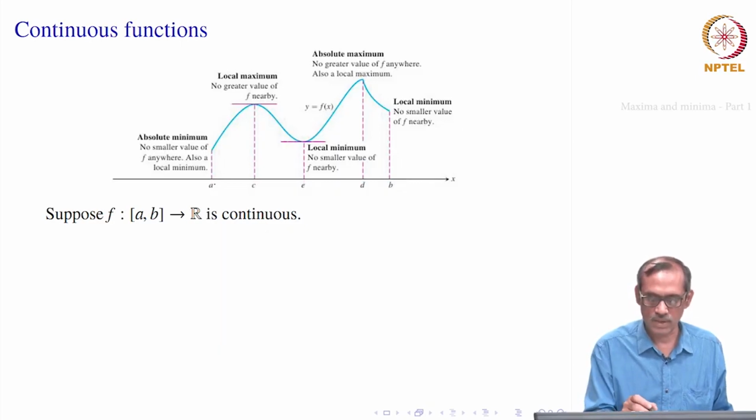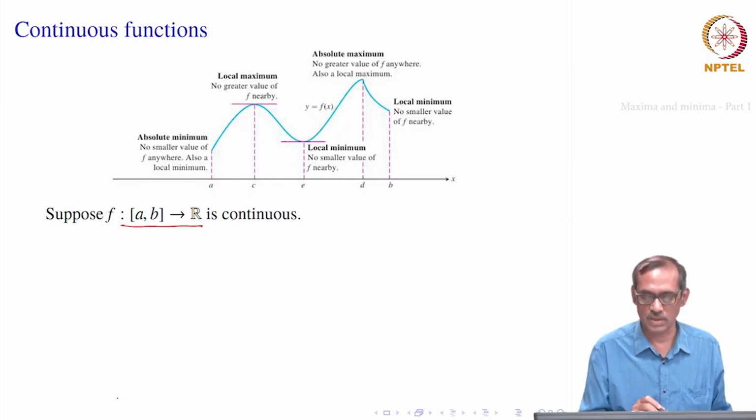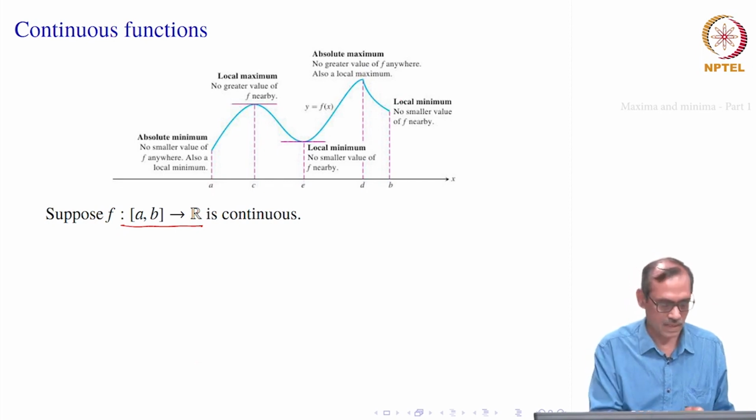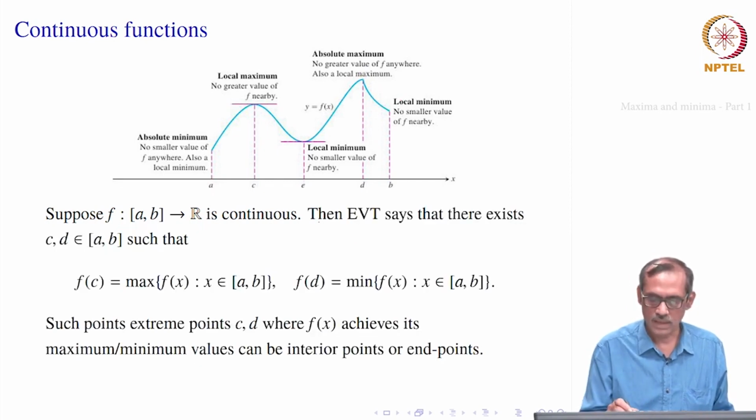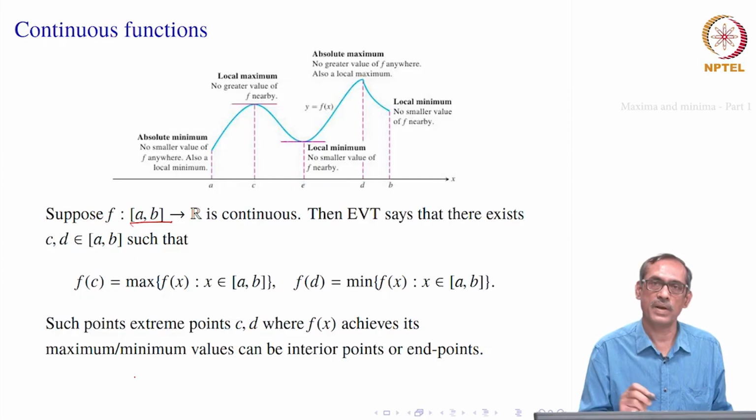Suppose we have a function f defined on the closed interval [a, b] to R. Assume that it is continuous. So, we have the graph like this. Since it is a closed interval and continuous, our extreme value theorem says that it has a maximum and a minimum, which are achieved at points in [a, b].